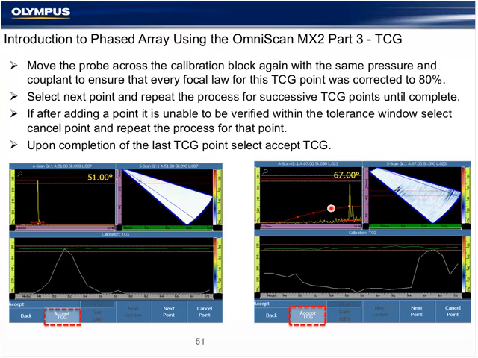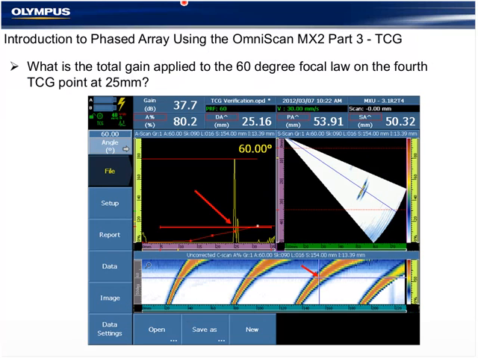But as the wizard is completed and the next point is selected, we're going to build a series of TCG points to include the gain offsets that make every one of these 80% amplitude. And in the end, we will have a table built.